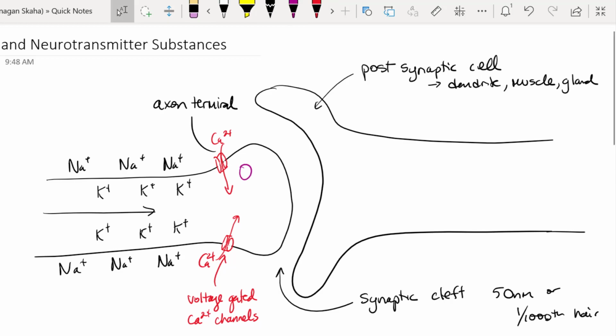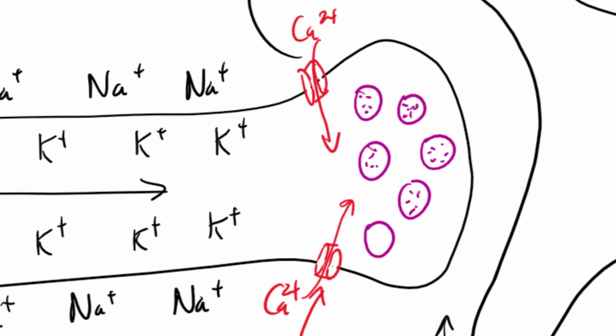At the very end of our axon terminal, we've got the axon bulb. It's like that bulgy part, and we've got all these vesicles filled with a neurotransmitter substance, and we're going to get into the different types. But for this part right now, we're going to have acetylcholine in there. So what happens is we had sodium going in, we had potassium going out.